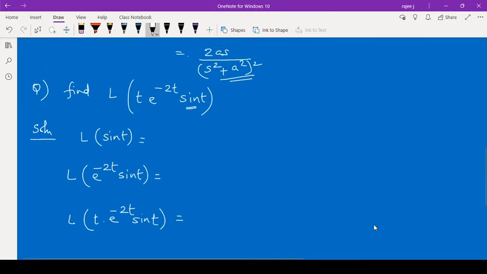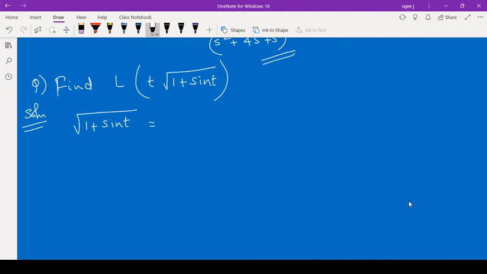First of all, we will solve here the square root of 1 plus sine t.